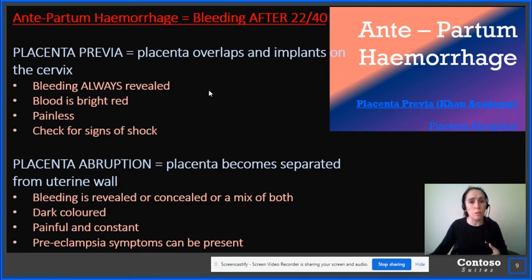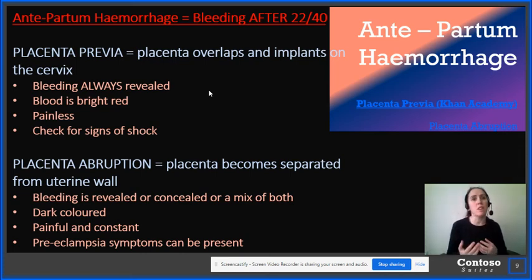They might not know that terminology, but the layperson's term is low-lying placenta. So with this, because of the way the placenta is blocking the cervix, the baby has problems emerging. So quite often you might have to have a C-section, but most of the time it's going to resolve itself. Most of the time.